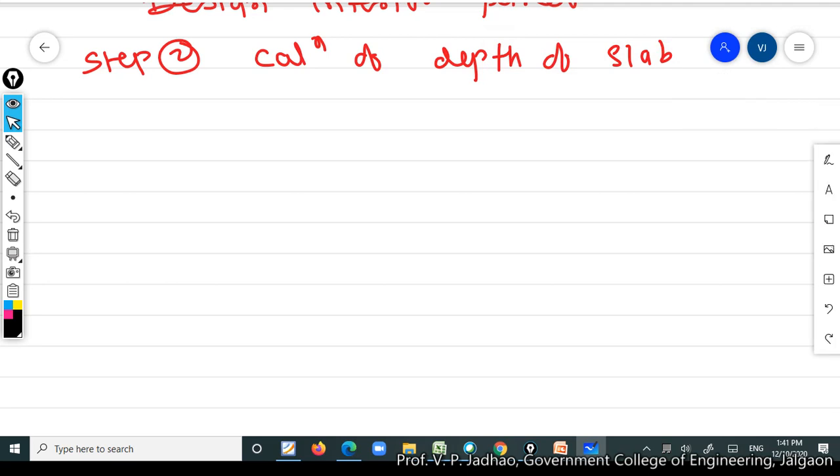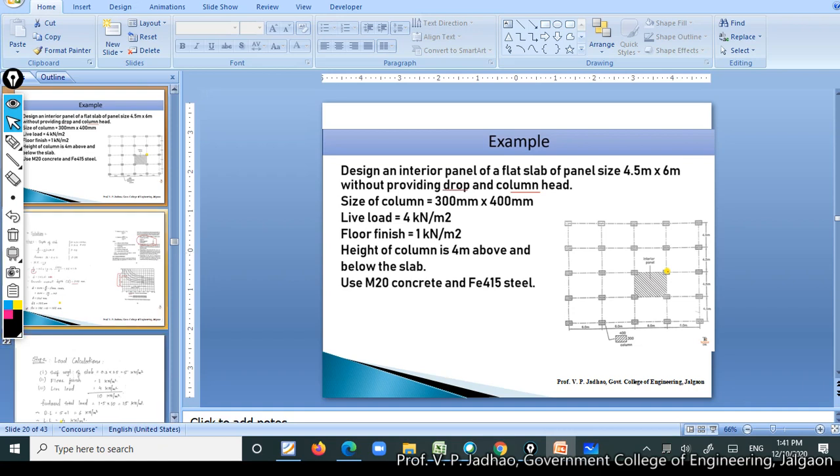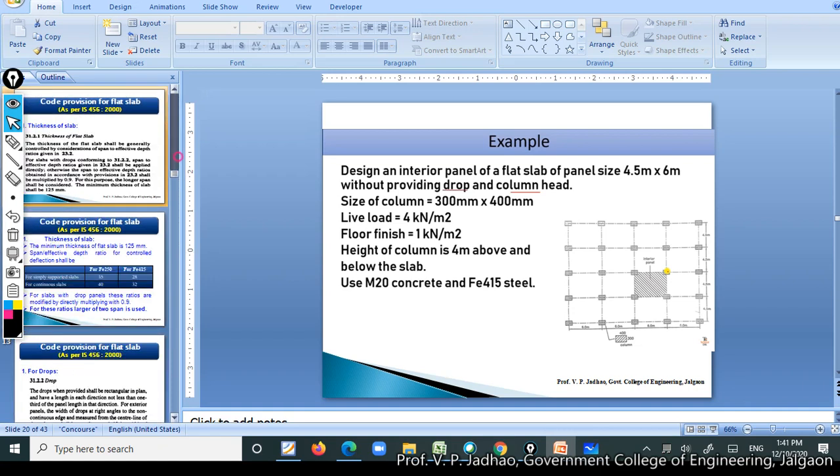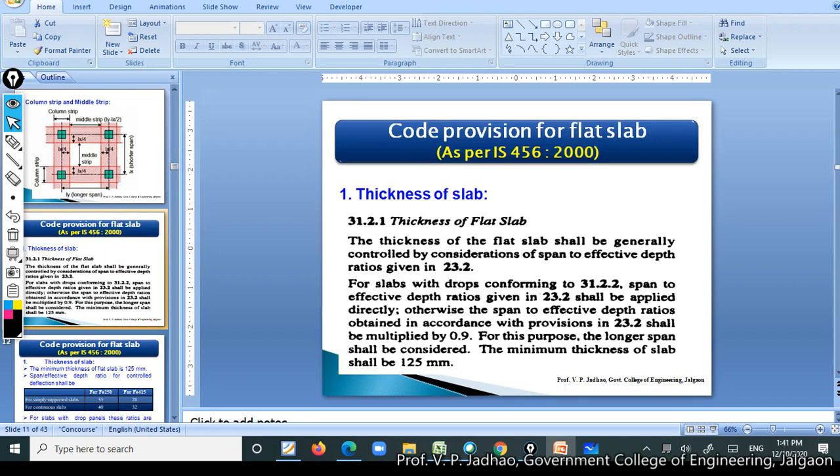Now we have seen as per this particular clause, clause number 31.2.1, the thickness of flat slab shall be governed by the span upon depth ratio.